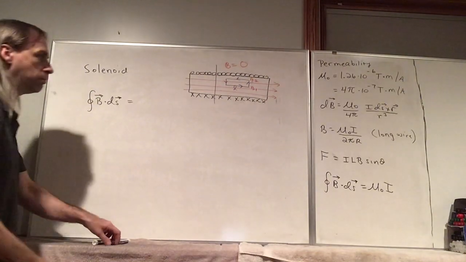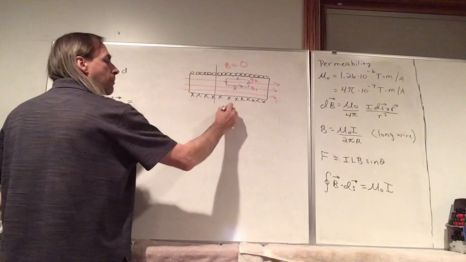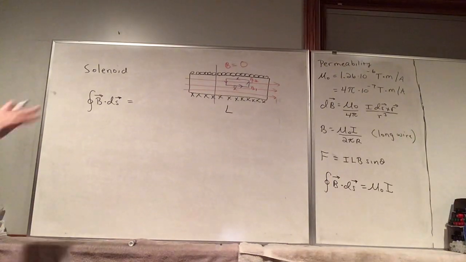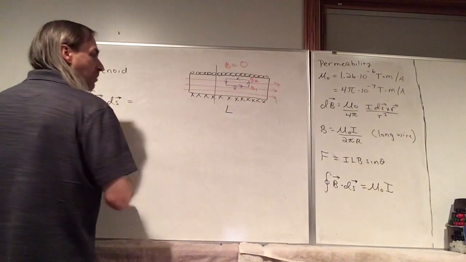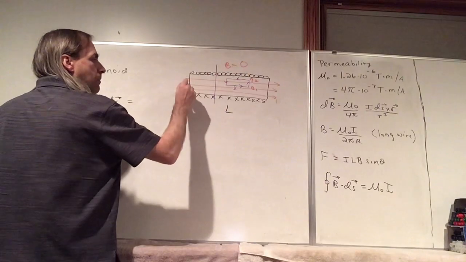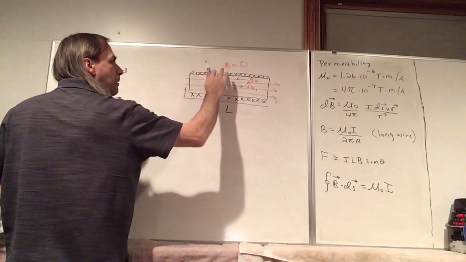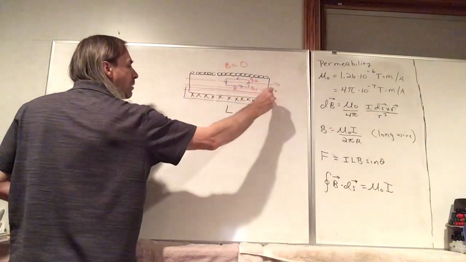And so let's say our solenoid has a length L. Now, an important property is the number of, let's just leave it like that for now. Our solenoid has a length L, and I'm going to draw a loop like this. Get rid of this one, we don't need that anymore. So let's draw a loop like this.